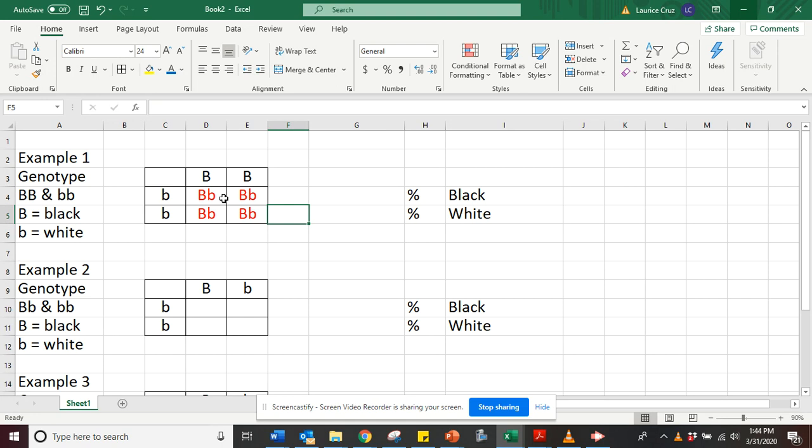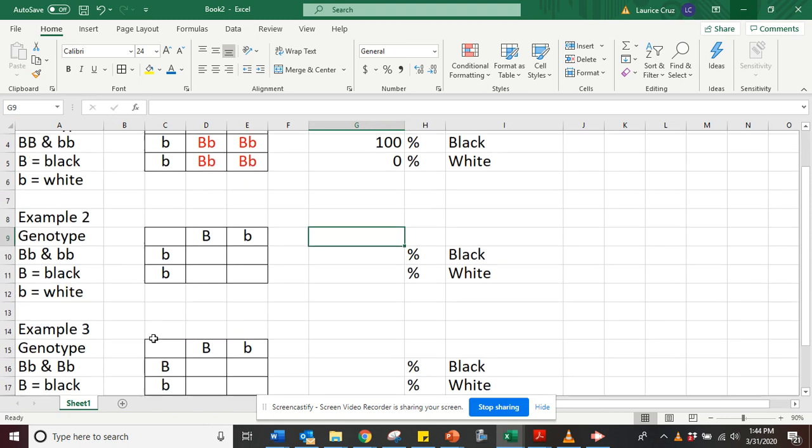Now you will see here all of the possible offsprings will have the uppercase B, which means that the chances are 100% will all be black, because every time the dominant gene is present, then that will be expressed through the offspring. What expressed means is that the trait carried by the allele will be shown through the offspring. So that's 100%, right? If you have a purebred dominant and a purebred recessive.